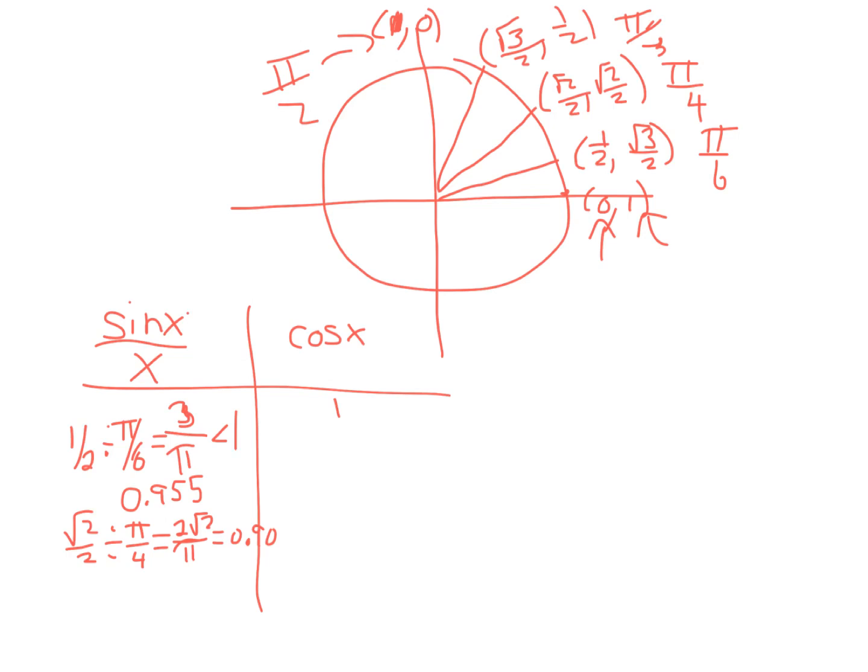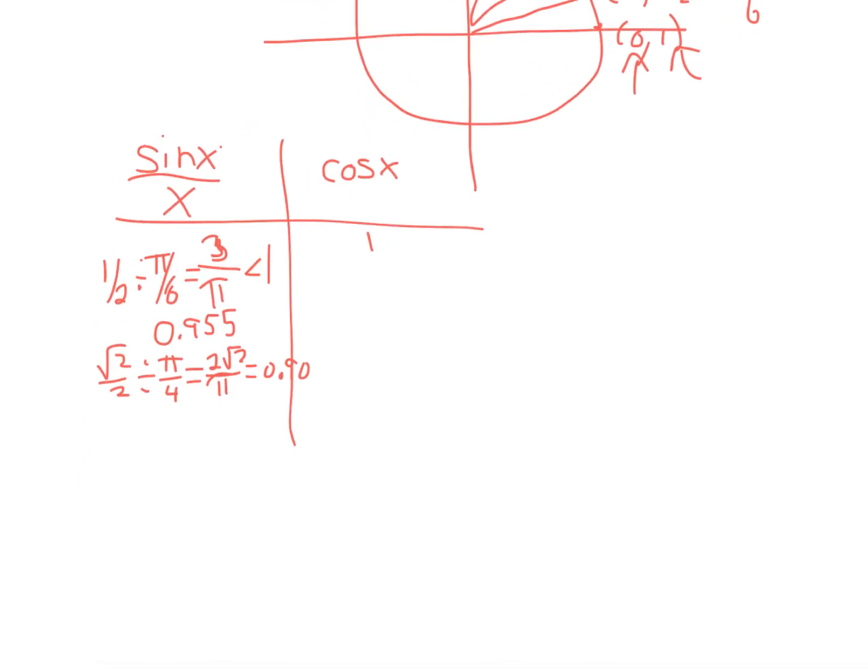I'm going to keep going, and let's do pi over 3. For pi over 3, the sine of the angle is root 3 over 2, and we would be dividing by pi over 3, and that ends up giving us 3 root 3 over 2 pi, which is equal to 0.8274.